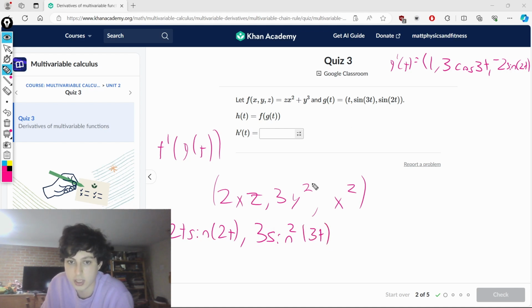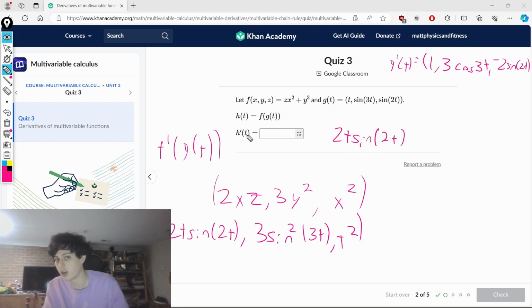Y is just sine 3t, y squared is sine squared 3t. Comma, t squared, x squared, t squared. We have our y is 3t, our z is 2t. This is looking okay. X times x, 2t sine 2t like that.